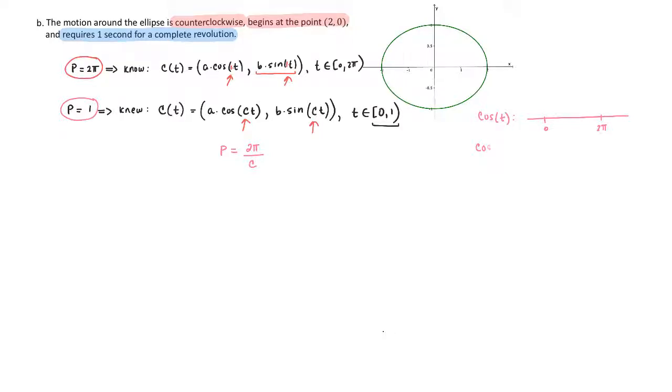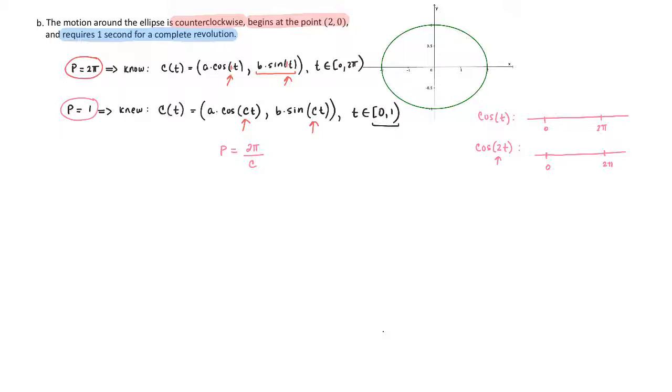But if we have cosine of 2t, for example, what is the 2 really telling us? The 2, the coefficient of t here, what we are now calling c, is telling us that within 2 pi, I will now have 2 cycles of my graph of cosine.